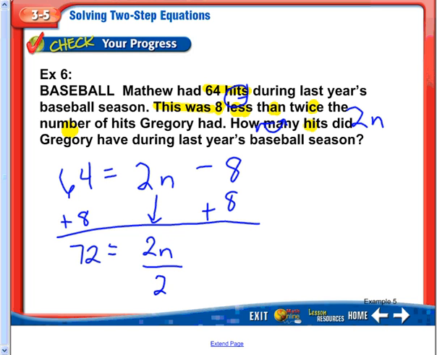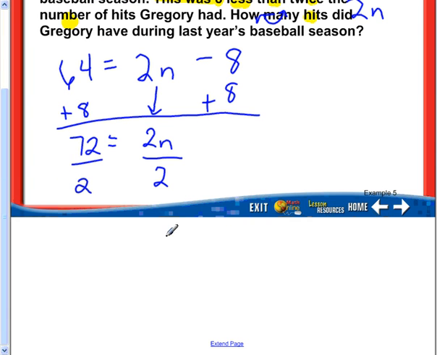Step 3, I need to get rid of multiplication and division to the side of the variable. This is multiplication, so I'll need to divide by the coefficient, which is 2, on both sides. 2 divided by 2 is 1, and 1 times n is n. And 72 divided by 2 is 36.